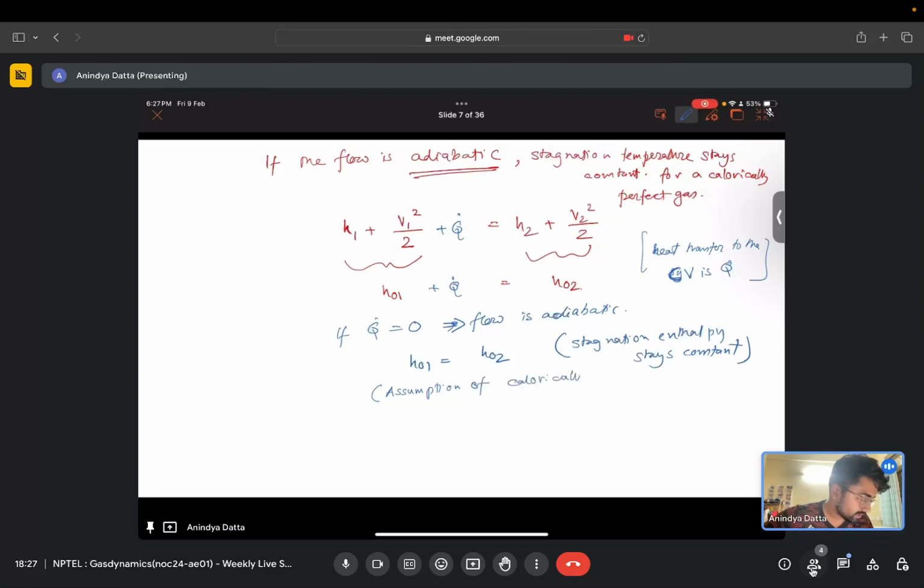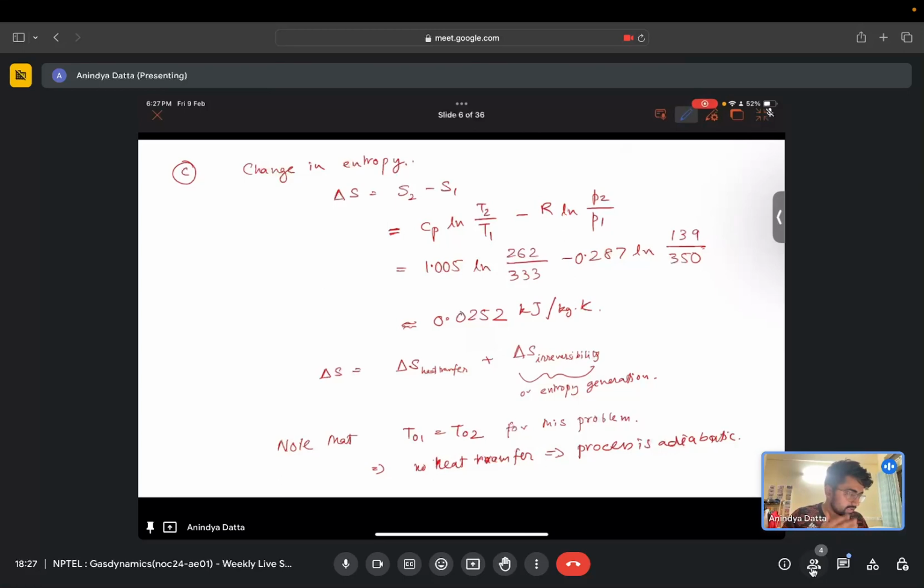All throughout the course, this is the assumption we will use everywhere, that we are dealing with calorically perfect gases only, which means our Cp is constant. So we get Cp T01 is equal to Cp T02, which implies that T01 is equal to T02. So when we have adiabatic flow, the stagnation temperature stays constant for a calorically perfect gas. That is what I proved here.